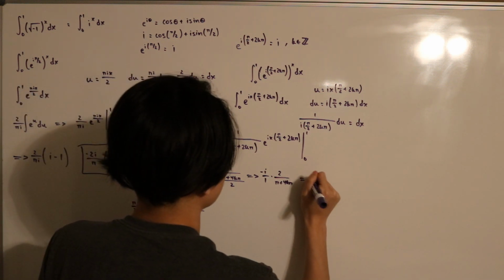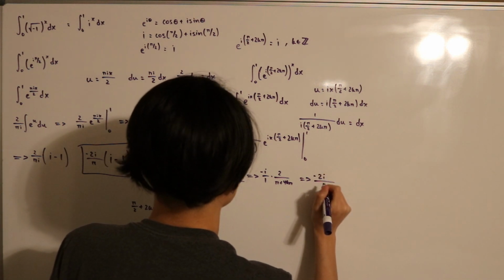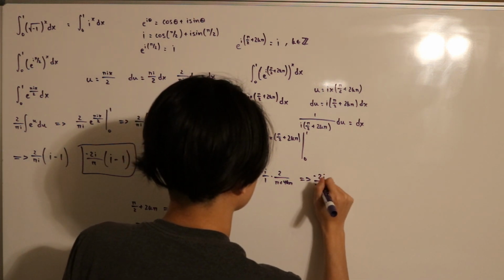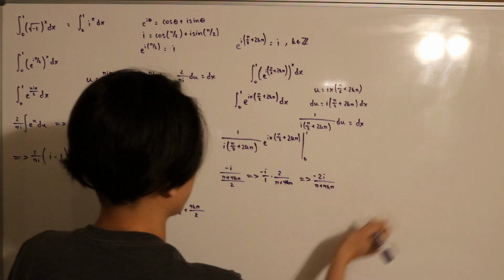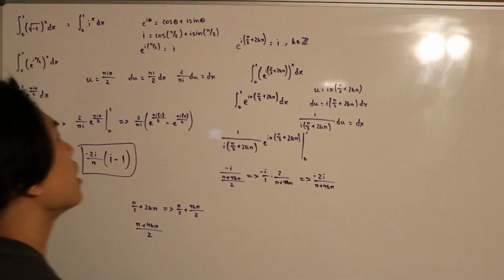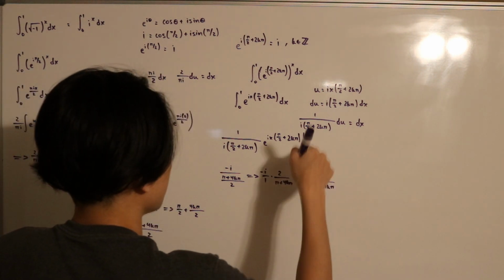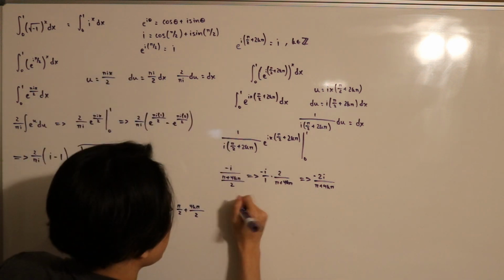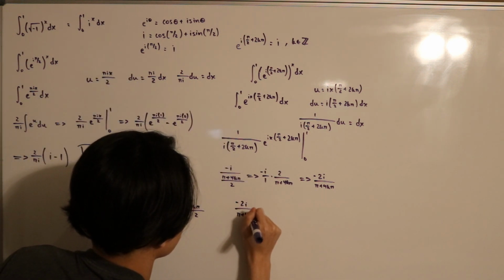So this will equal negative 2i over (pi plus 4k pi). So that's this. And then the same thing applies with this from before. Then we have negative 2i over (pi plus 4k pi).